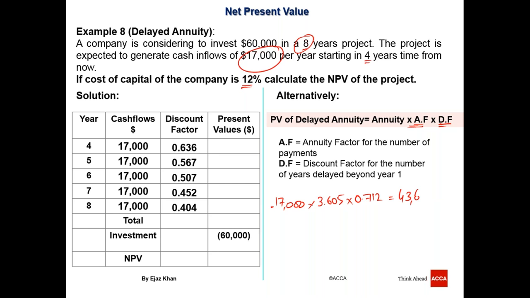Okay. So what's the answer of these 3 values? 43,635. Okay. The amount of investment is $60,000.